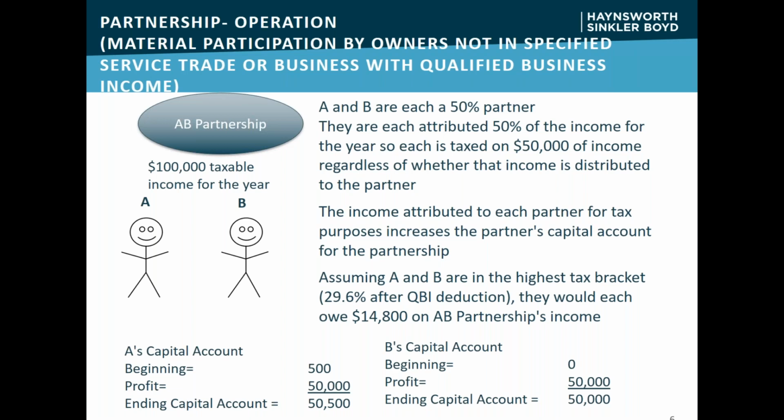So individuals, pass-through entities like partnerships or S corporations, trusts, etc., are allowed to take this deduction. It's equal to 20% of the non-corporate taxpayer's qualified business income, which effectively reduces the individual top marginal tax rate from the 37% in the previous slide to 29.6% on their taxable qualified business income.